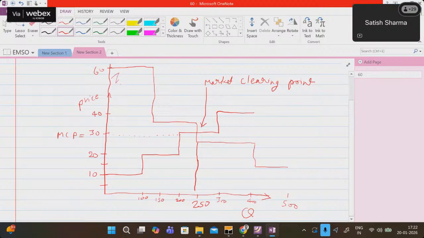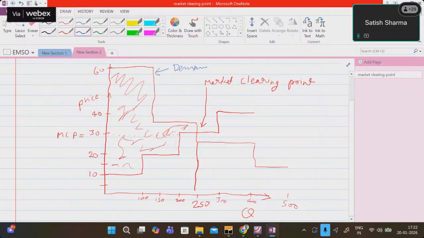So this area is the surplus. This is our demand curve, with a downward slope, and this is our supply curve, and the area between the demand curve and the supply curve is the surplus, right?